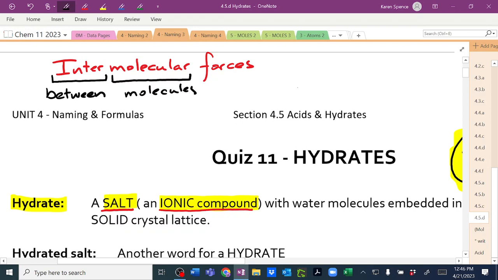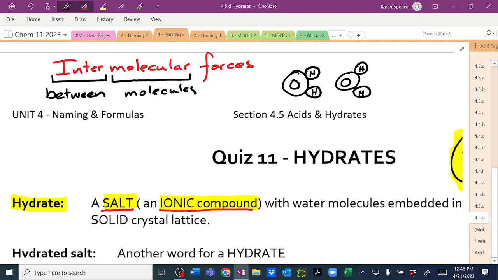And so if I have one water molecule, I've got an oxygen, and I've got a hydrogen, a hydrogen. And let's say I've got a little puddle of water, and I've got another oxygen, and a hydrogen, and a hydrogen. Do you see how there's a space between the water molecules?